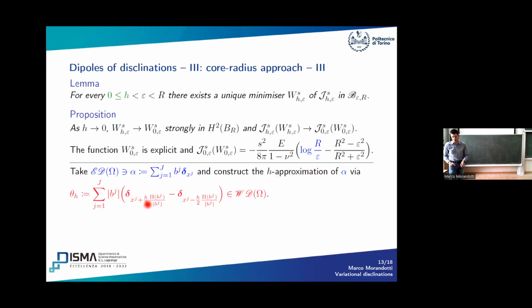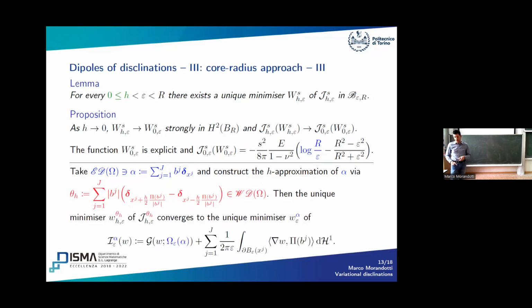Okay, so we construct the corresponding theta h in this way, and this is precisely the same procedure that I told you. And then we have that the unique minimizer of the energy corresponding to the theta h will converge to the unique minimizer of the energy corresponding to the measure of these dislocations in the punctured domain, right?